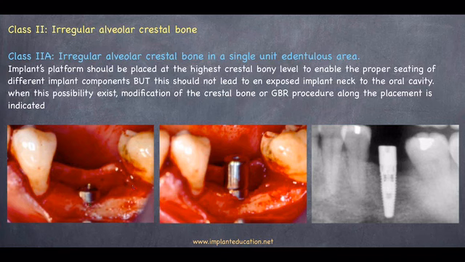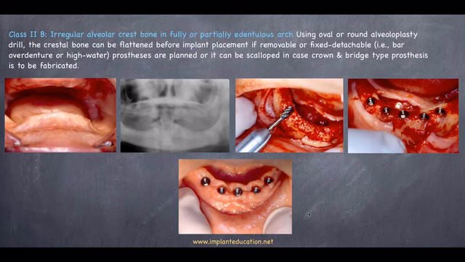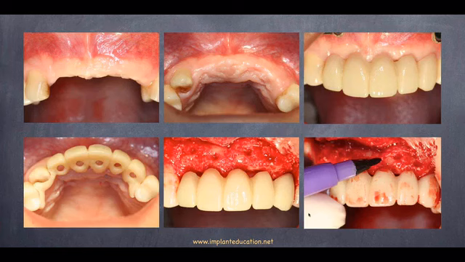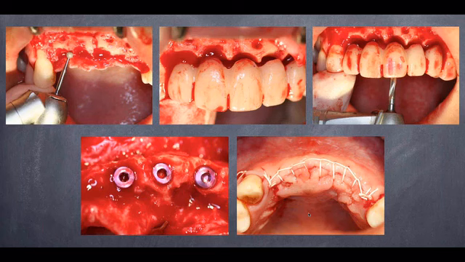So in this case, you will place the implant flush with the highest bony level. In case of multi-unit, you either flatten the whole thing and you go by class 1A, or you would be scalloping the whole thing and go by class 1B guidelines, as you can see here in this case.